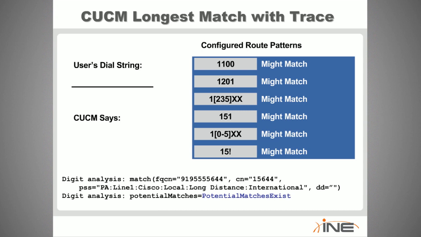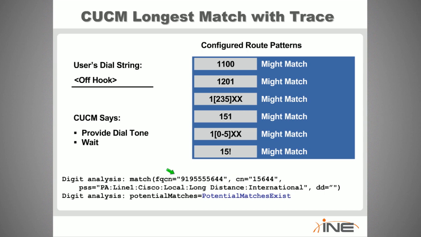As a user goes off hook and they begin dialing, CUCM says provide dial tone, and down here at the bottom, we see that the digit analysis matches the CN, or calling number, of 15644, and the fully qualified calling number of 919-555-5644.